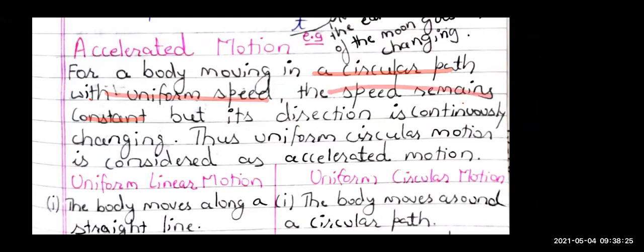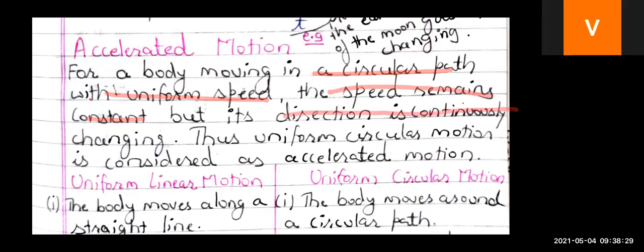But in circular motion, the direction is continuously changing. So as there is change in direction, there is change in velocity, and as there is change in velocity, there is acceleration. So uniform circular motion is considered as accelerated motion.